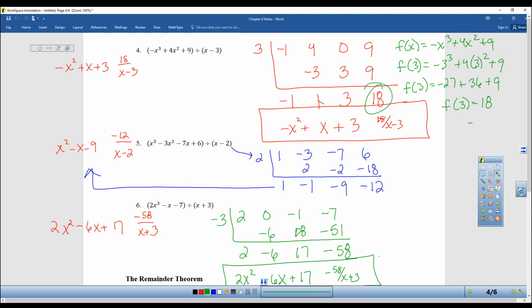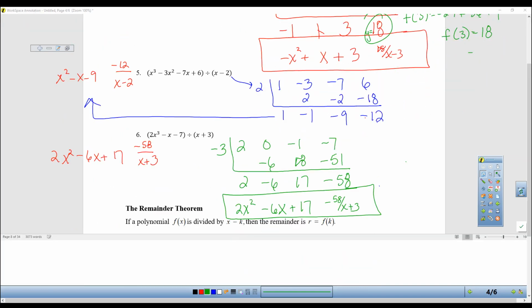Do you see that number anywhere? It's right here. Are you ready for this? This is so great. If you're doing synthetic division on a polynomial, so here's the coefficients of the polynomial, if you put an x value on this side of the box, out will pop the y value. Okay?